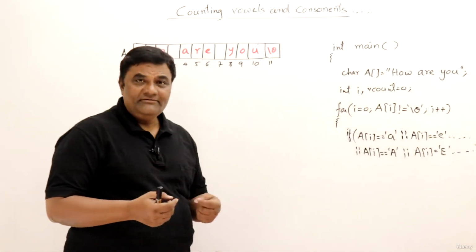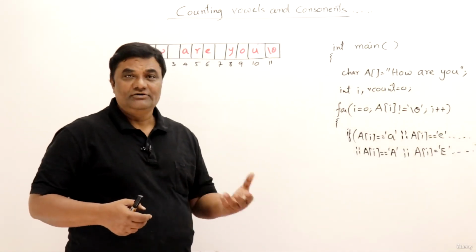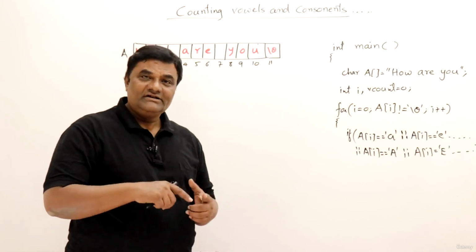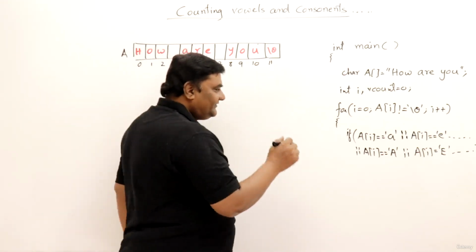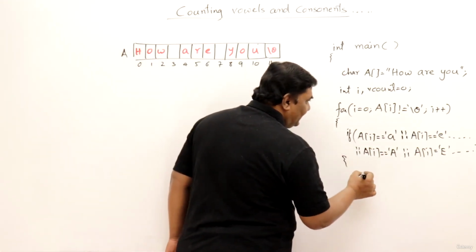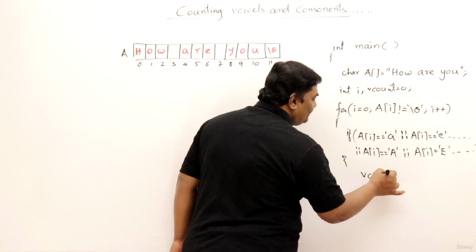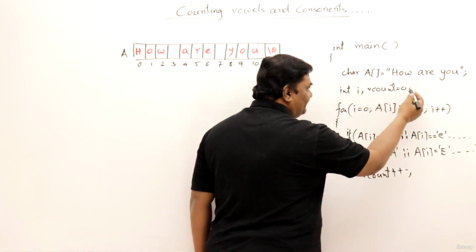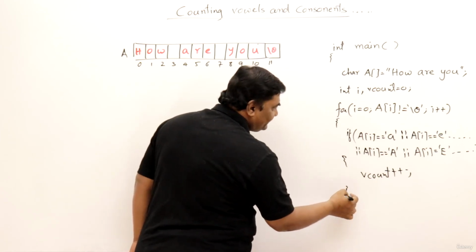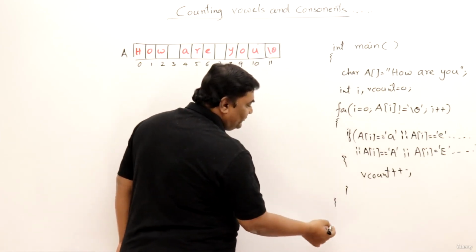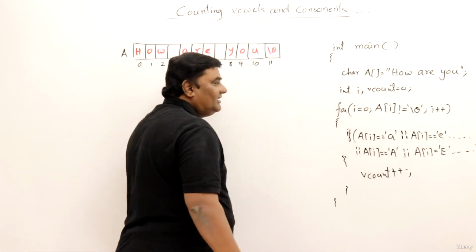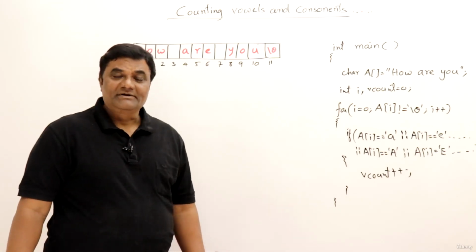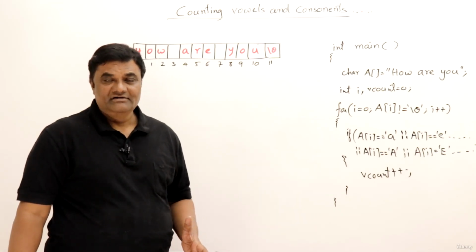It can be any one of those alphabets, either lowercase or uppercase. If this condition is true, then I should do vcount++, so count that alphabet by incrementing the counter. So that's all. At the end of this for loop, if I print the value of vcount, I'll get the number of vowels present in the string.